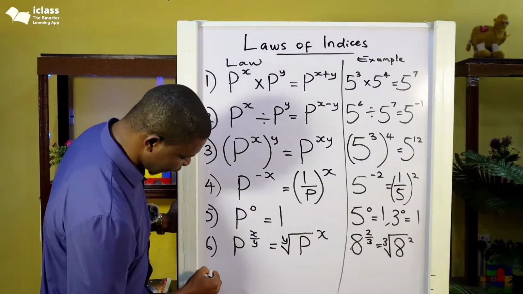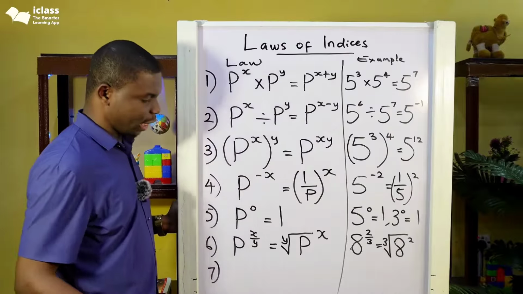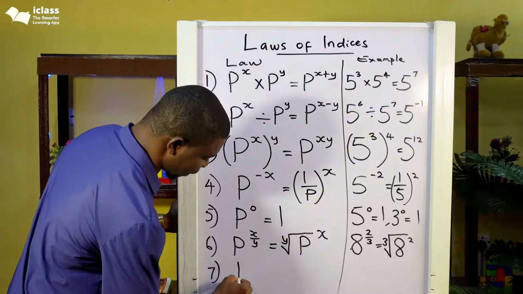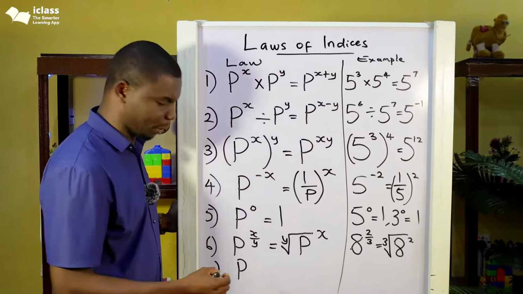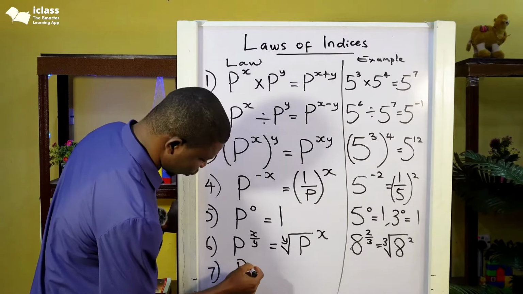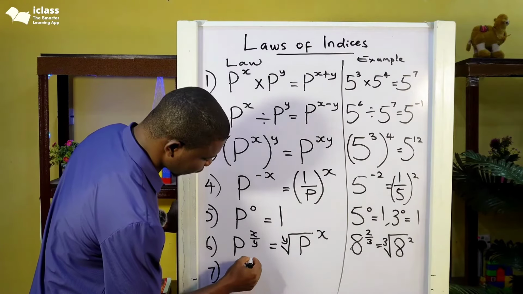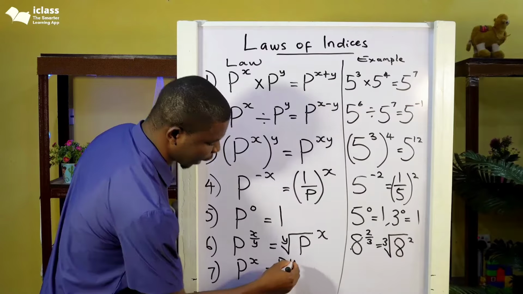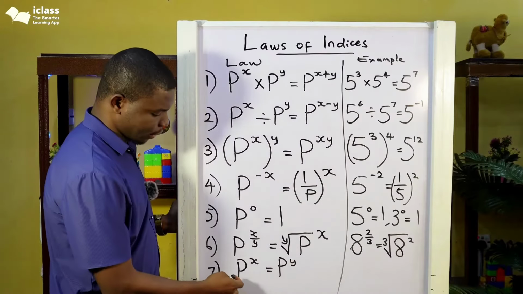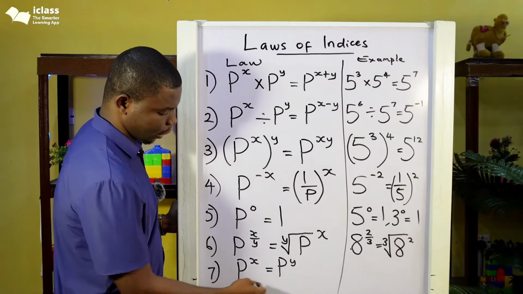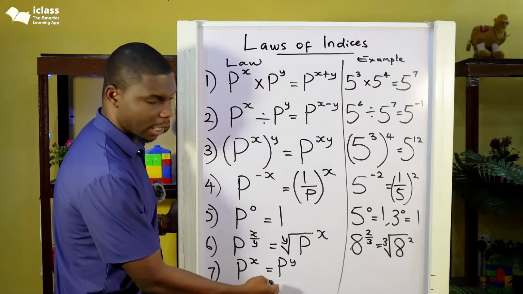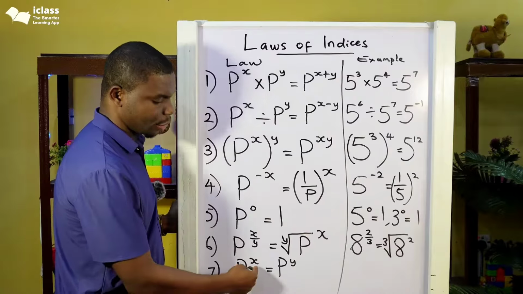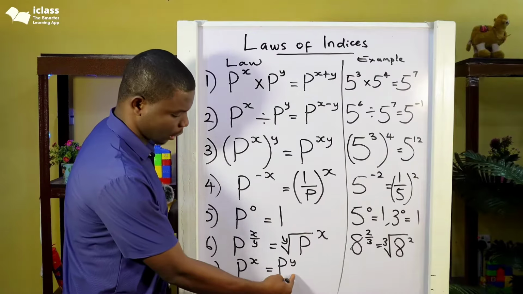And finally, if we have an equation like this, let's say p raised to power x is equal to p raised to power y, you can see that the bases of the indices are the same, then you can safely equate the powers.